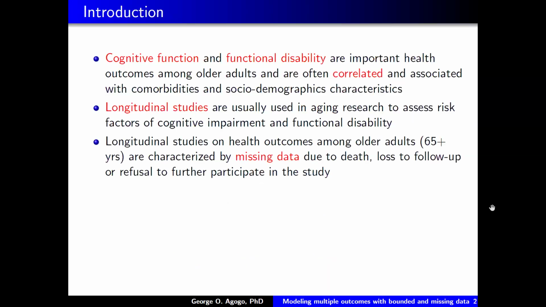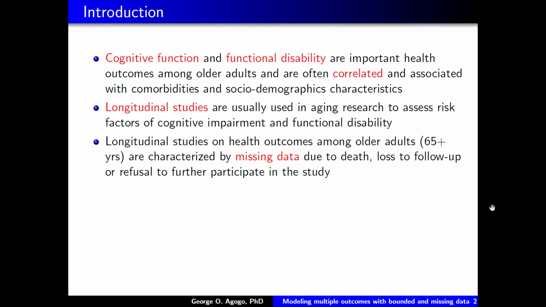Yes, so as I've just said, cognitive function, for example, cognitive decline and functional disability, are key health outcomes among older people. And these outcomes are often correlated. For example, you find that people who are cognitively impaired are also more likely to be functionally disabled. So there's that correlation between these outcomes, mostly in a positive way.